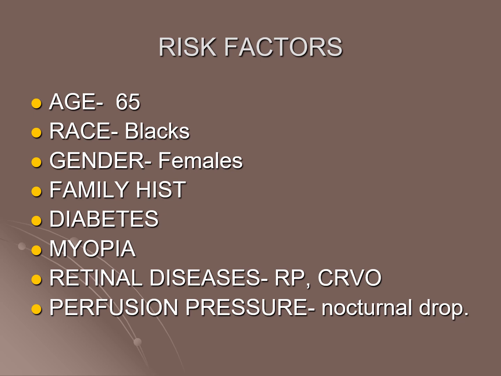Patients having diabetes and myopia have more chances of having primary open-angle glaucoma. Patients who have retinal diseases like retinitis pigmentosa and central retinal vein occlusion also have more chances. And where perfusion pressure is low, particularly nocturnal hypotension, it may cause more ischemia of the optic nerve head and lead to the death of the ganglion cells.